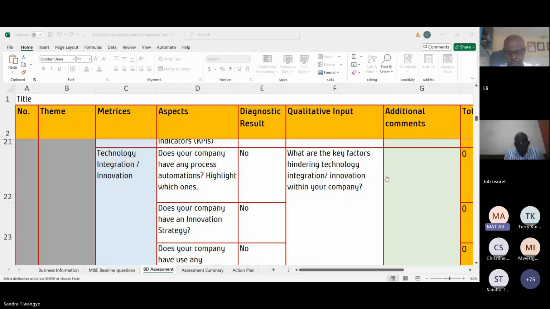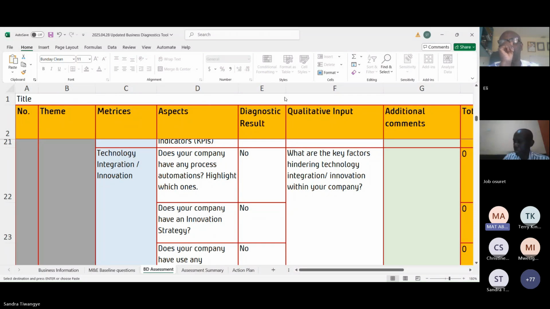For example, you can have an accounting software that you use to ensure that your accounting data is captured in a timely manner, and you can produce your reports on time without wasting a lot of time, as opposed to if you are using a manual system. So that's just an example of a software that you can use to automate your processes.